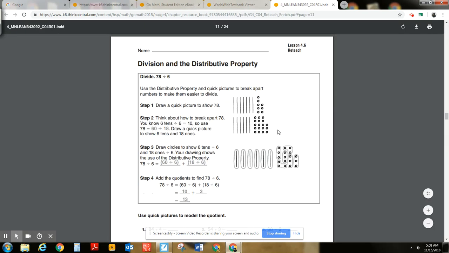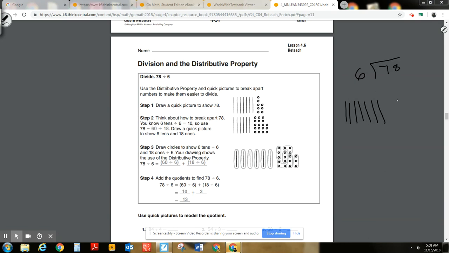All right, so we're going to start from the reteach page. We're going to divide 78 divided by 6. So off to the side, make sure that you have 78 divided by 6. And we're going to draw a quick picture of 78. So 10, 20, 30, 40, 50, 60, 70, then 8: 1, 2, 3, 4, 5, 6, 7, 8.